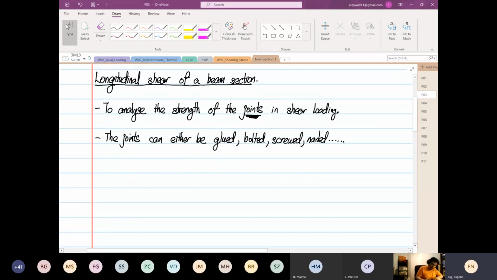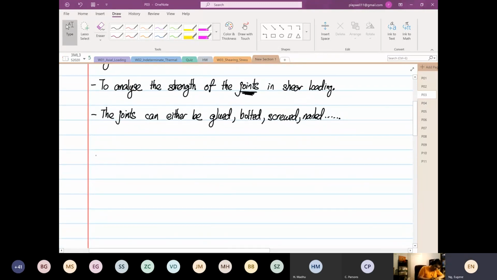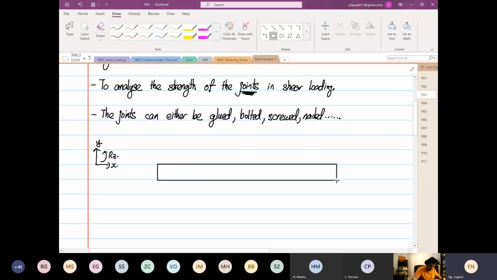Okay, so if we were to draw a structure, this is X, this is Y, this is rotation in the Z. And then we have our beam, and our beam for this case is simply supported.